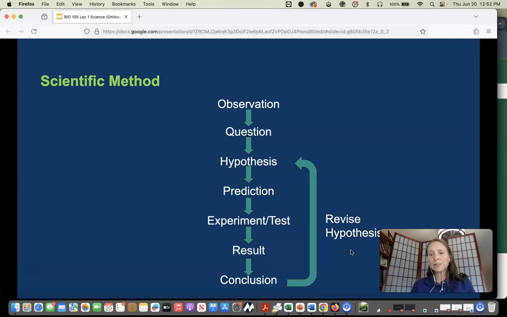So oftentimes, and I just actually read an article about this, scientists won't publish their information if the results didn't support their hypothesis. And that's actually really unfortunate, because that information is important so that someone else doesn't repeat this experiment if it's unnecessary. So if you end up having an outcome where, in your conclusions, your hypothesis was rejected based on the outcome of your results, this is important information.